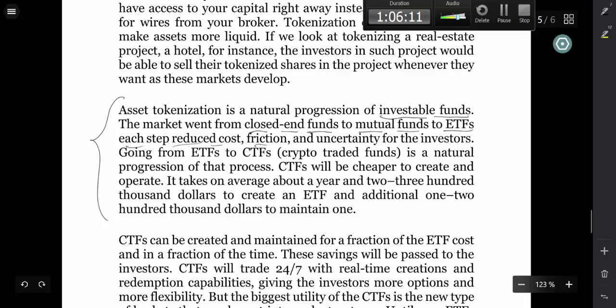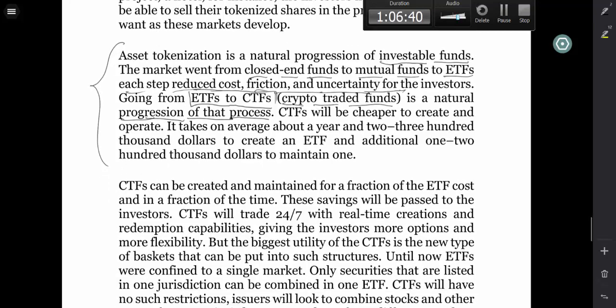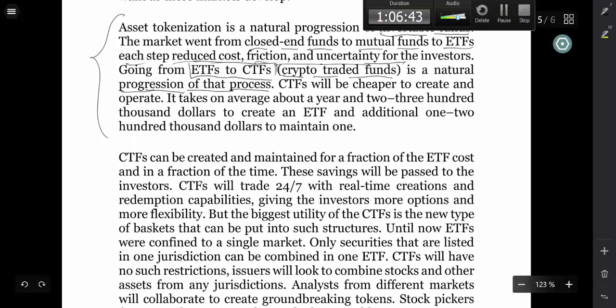Now, going from ETF to CTF, what the hell are CTFs? Crypto traded funds. This guy even has a term for that. It is a natural evolution in that direction. So this guy is predicting that this will happen one day. I think the key to it is that you need to get the legal framework and the tech framework and the cybersecurity all in place, and then this can really take off. So he's calling it CTF.